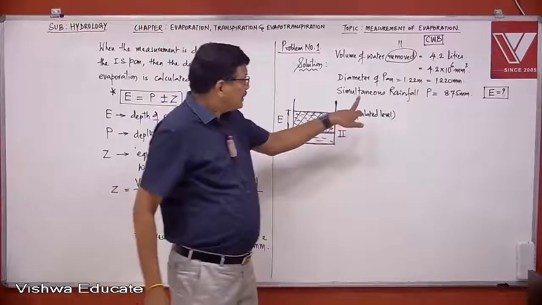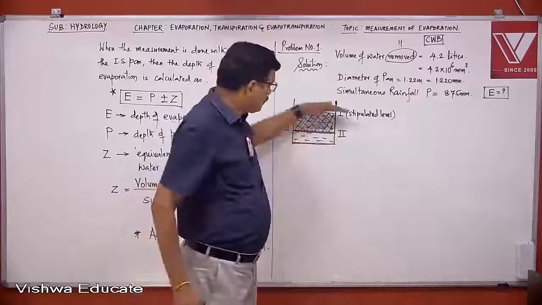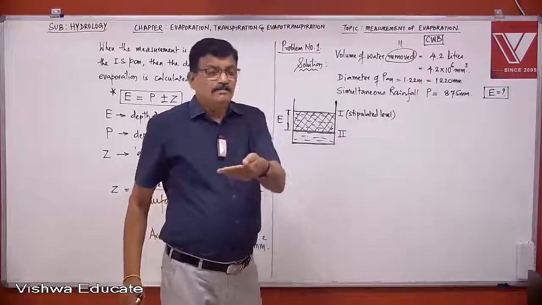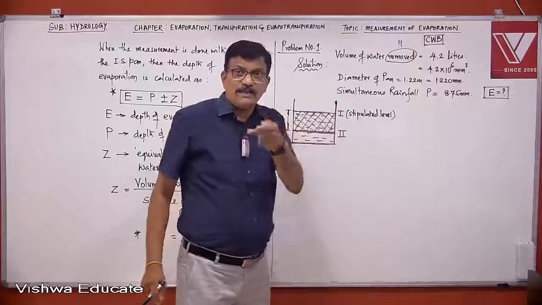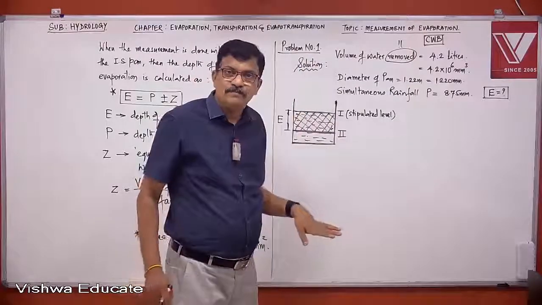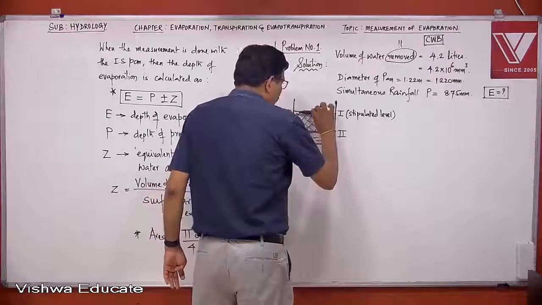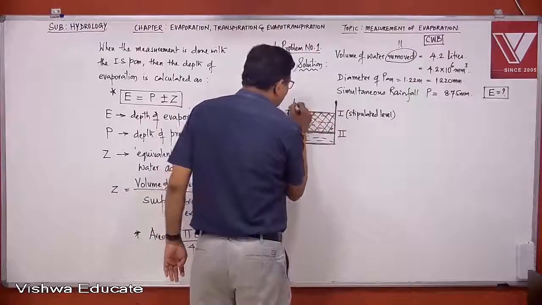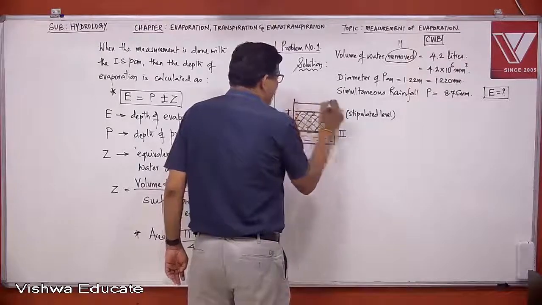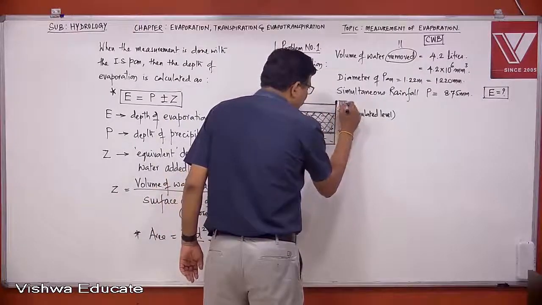But then there is a simultaneous rainfall. There is a loss because of which the waters have lowered, and there is a gain in the form of rainfall which has occurred simultaneously. So the rainfall will add to this, and in this case the waters have gone above this level. So it has reached level 3.